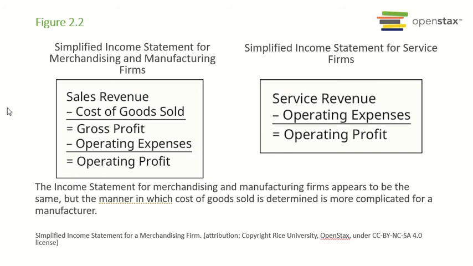The first step is sales revenue minus cost of goods sold equals gross profit. The second step is gross profit minus operating expenses equals operating profit. So there are more steps: there's a cost of goods sold and gross profit involved for merchandising and manufacturing firms.